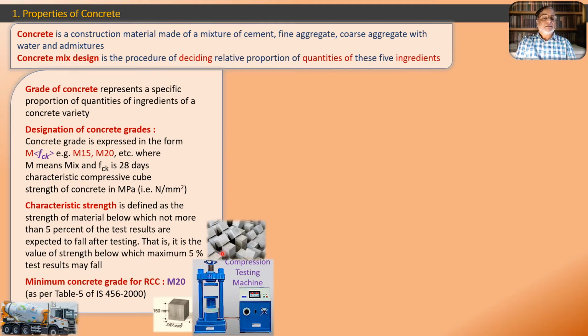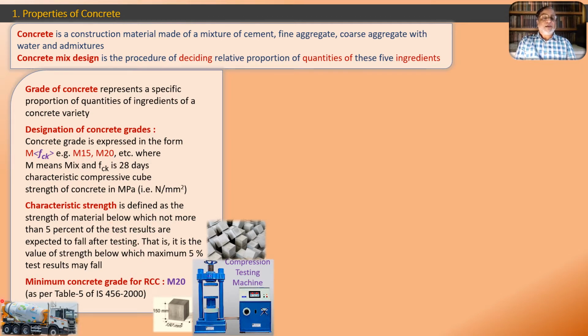That is, this is the value of strength below which 5% of test results may fall. This is the idea of characteristic strength. So in M20, M15, the 20 or 15 is fck, that is the characteristic strength.